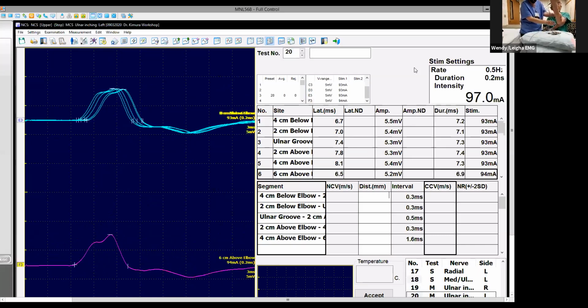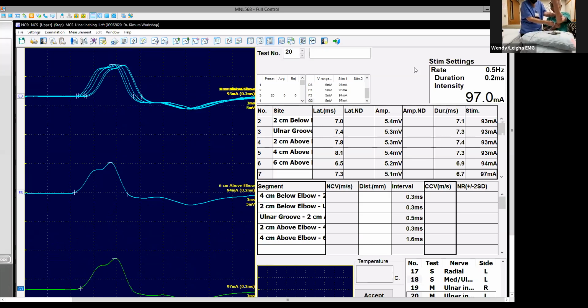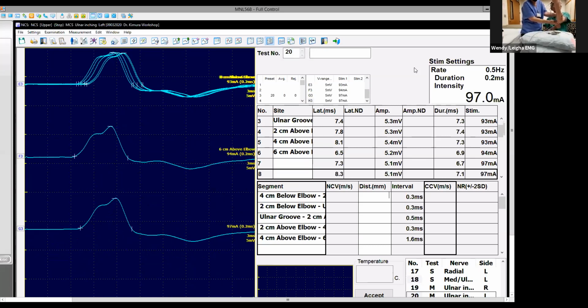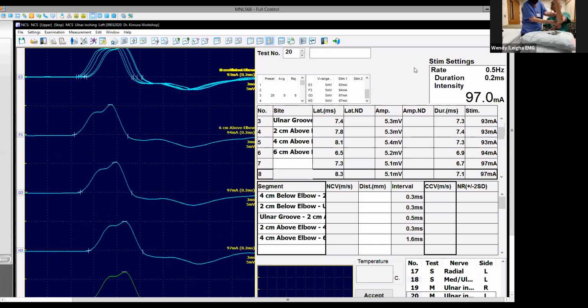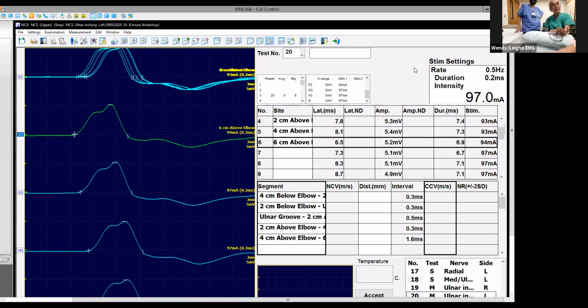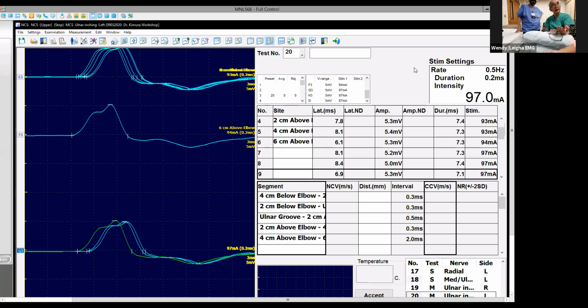Okay, jump here. You see what we're doing here? We are making, yeah, there's the jump there.